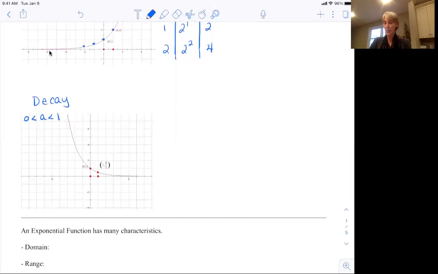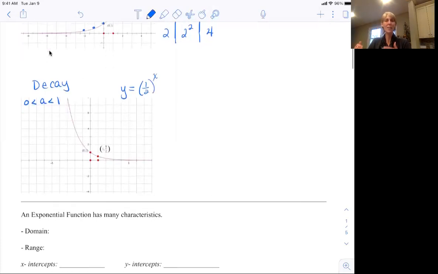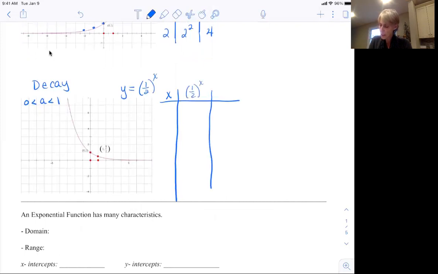This particular example is y equals 1/2 raised to the x power. And again, for this example, we're not going to graph this way always, but for this example, let's just set up a table. 1/2 raised to the x, and then our y value, just to remember how the functions work.